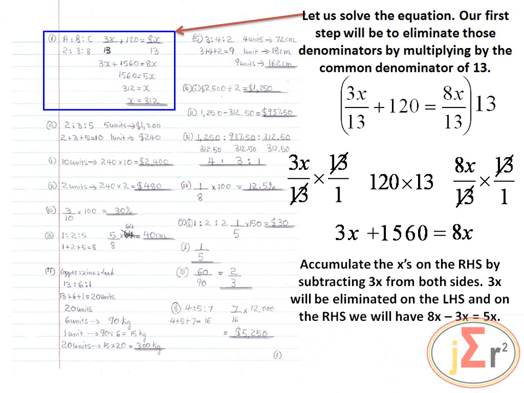Accumulate the x's on the right hand side by subtracting 3x from both sides. 3x will be eliminated on the left hand side, and on the right hand side we have 8x minus 3x is equal to 5x. So we subtract 3x from this side, subtract 3x from this side. 3x will be eliminated from this side, and on this side we have 8x minus 3x is equal to 5x.